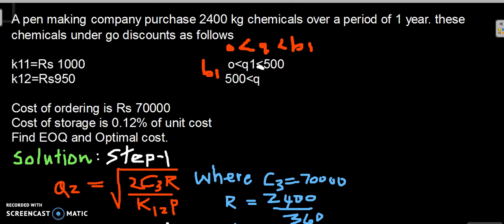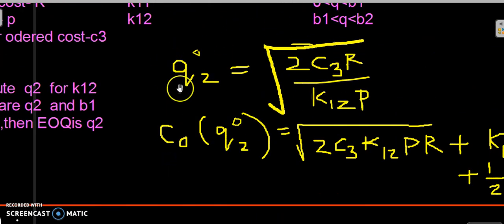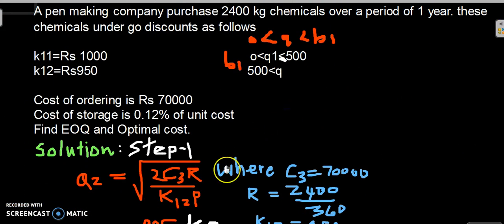Look at that. The formula we have to apply here is this. First we have to find this Q2, then we have to compare. That means in this problem we have to calculate Q2. After calculating Q2 we have to compare with 500 because B1 is 500 here.